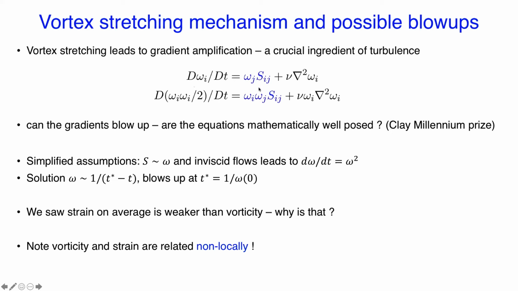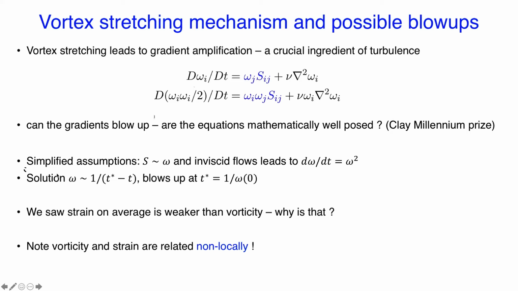This is essentially the nonlinear interaction of vorticity and strain, which leads to extreme gradients. One of the questions I had posed earlier was, can these gradients blow up? And if they blow up, essentially it has to come from this nonlinearity.